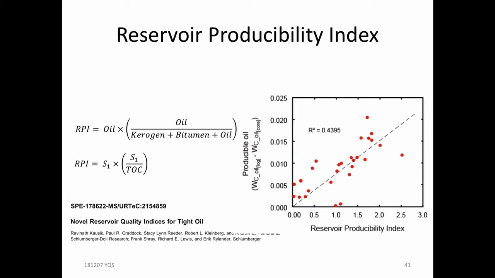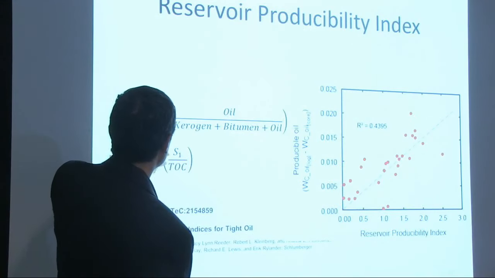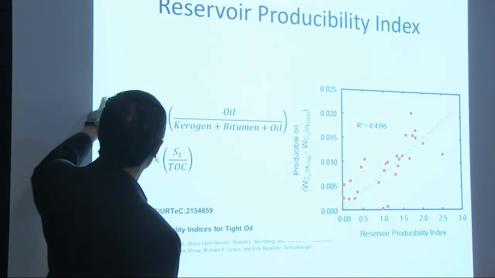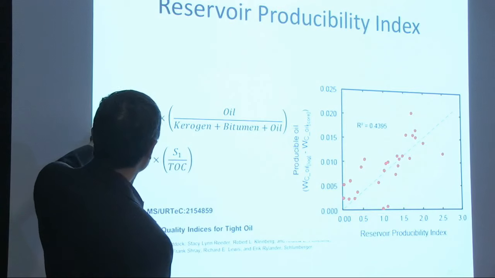how well a reservoir might produce, right? Because the kerogen and the bitumen, they don't produce, right? They're basically the negative. They're reducing the permeability of the formation, and so you should not count them as the right organic material. It should be like the negative. So we have a simple empirical relationship that we put into this index, the reservoir productivity index.